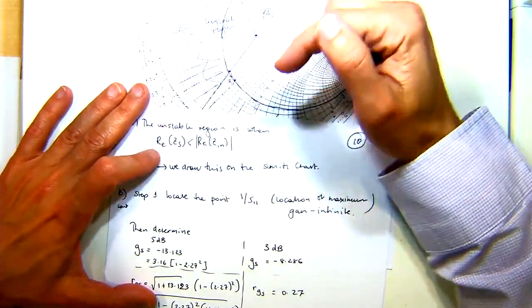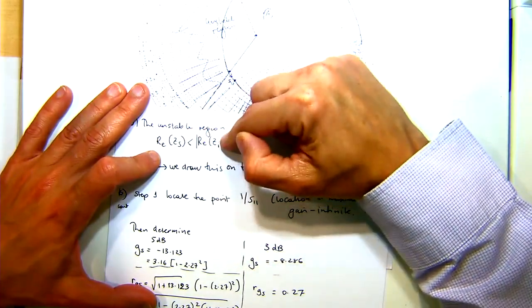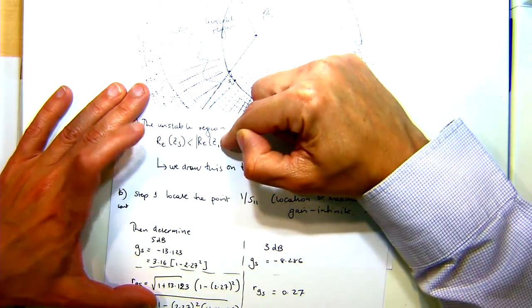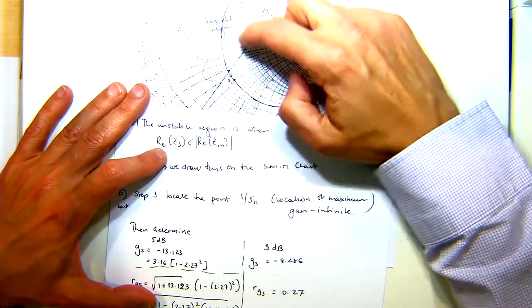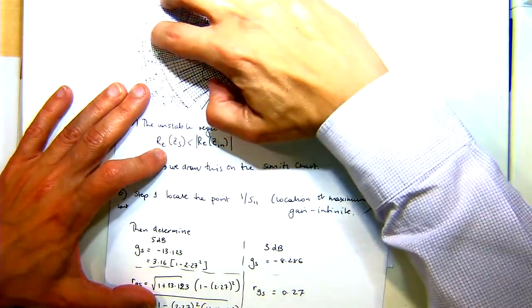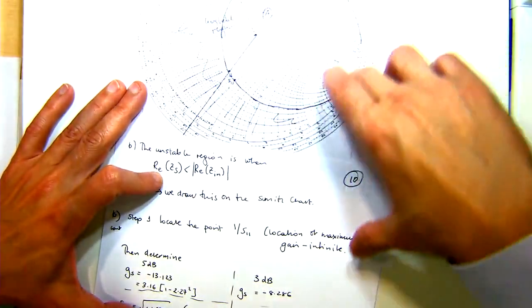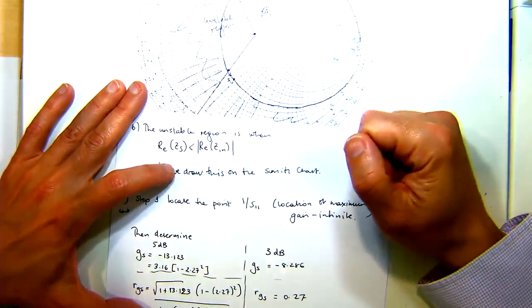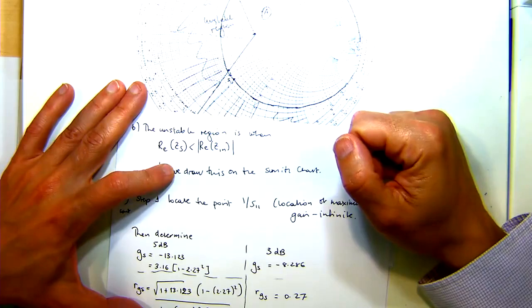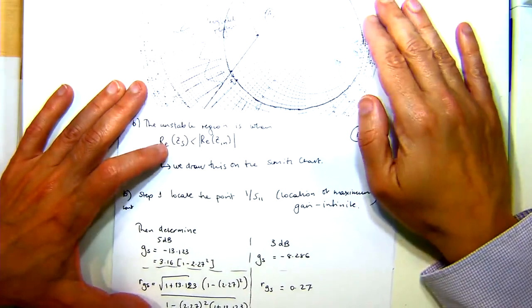We know the critical region is when the real part of ZS equals the real part of Zin. So essentially what it's telling us is anything outside here is the unstable region, anything in here is the stable region. Does that make sense? All right, good.